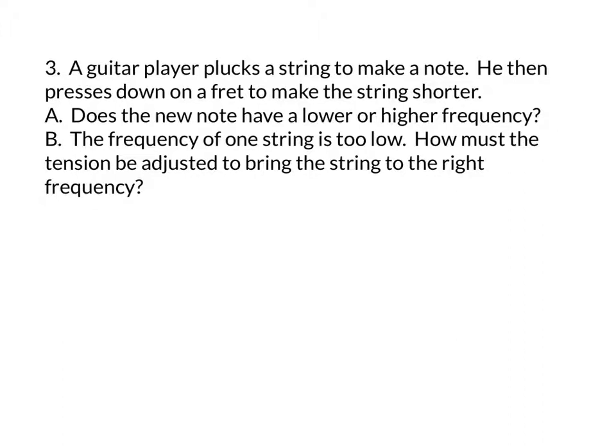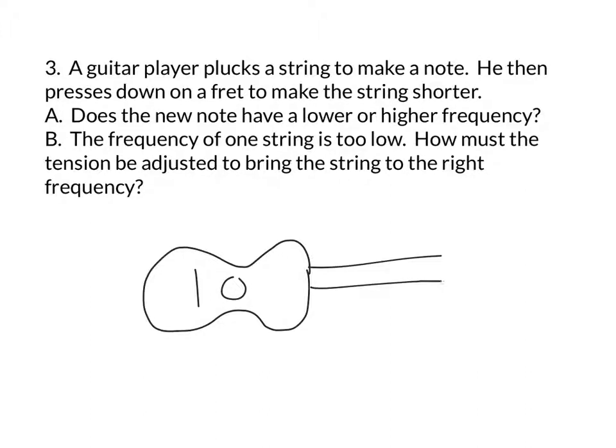Guitars. Yes, stringed instruments. Always going to include one of these. Guitar player plucks the string, then he presses a fret. So if you have a guitar, here's a guitar, right, like that. It's got a little bit here, little pegs.